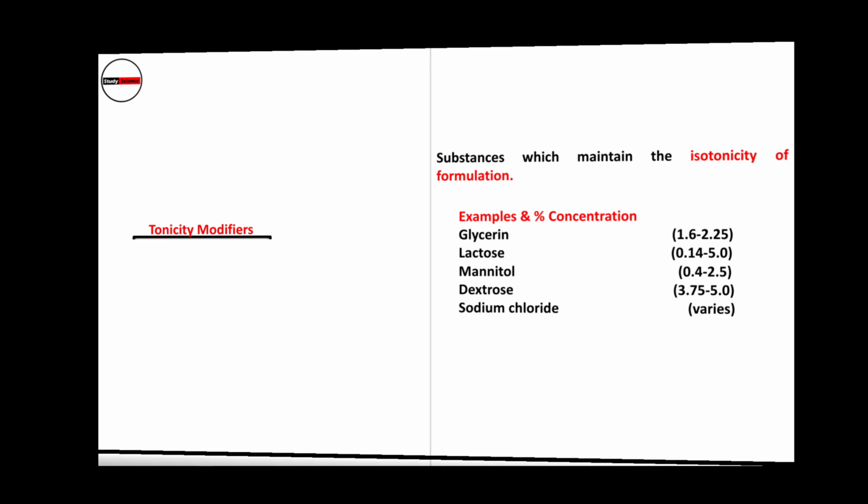The next additive which we use in parenterals is suspending agent. Suspending agents are added to parenteral preparations to improve the stability by preventing the sedimentation of the particles. As we all know the role of suspending agents, they prevent the sedimentation of particles, so the particles remain suspended in the formulation.